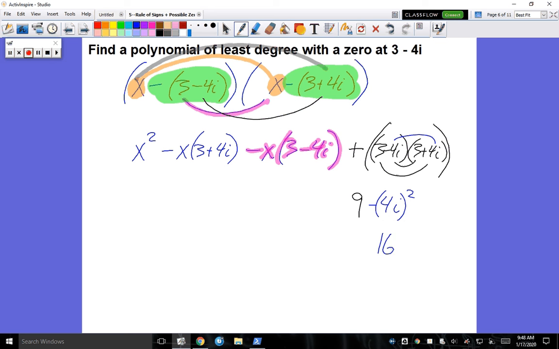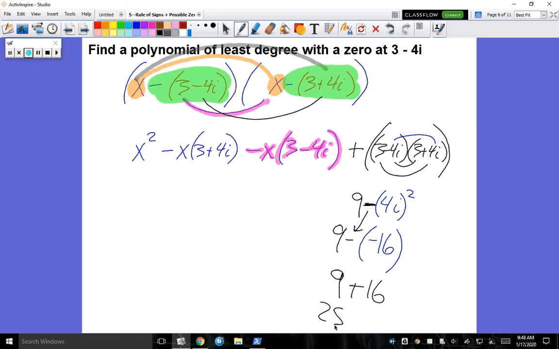So 16 times i squared is a negative 16, and it's like saying 9 minus that negative 16. Which again, imaginary roots, it's going to feel like a sum of squares. So this will be 25. See what I'm saying?